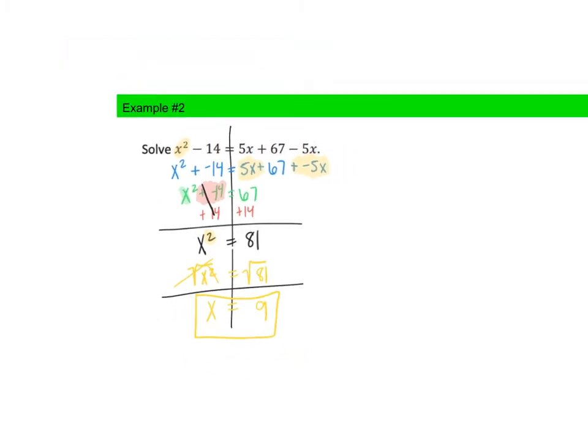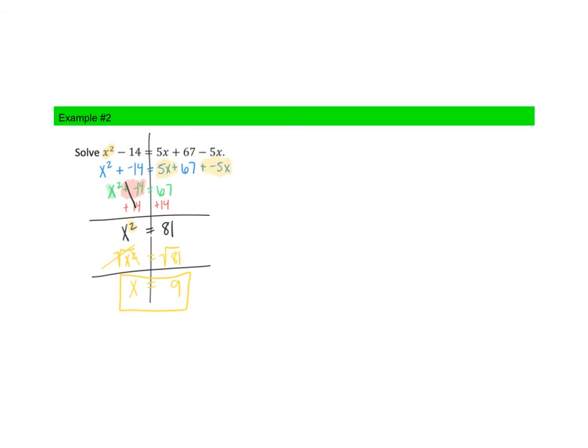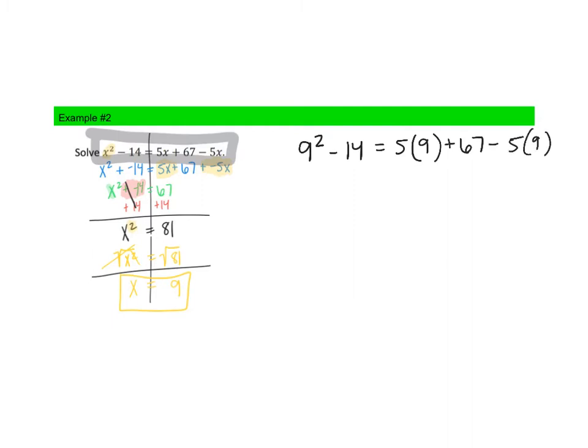Okay? Last step is to check my work. So I'm going to take my original equation, turn all of those x's into 9s, and see if it balances out. So I have 9 squared minus 14 equals 5 times 9 plus 67 minus 5 times 9.